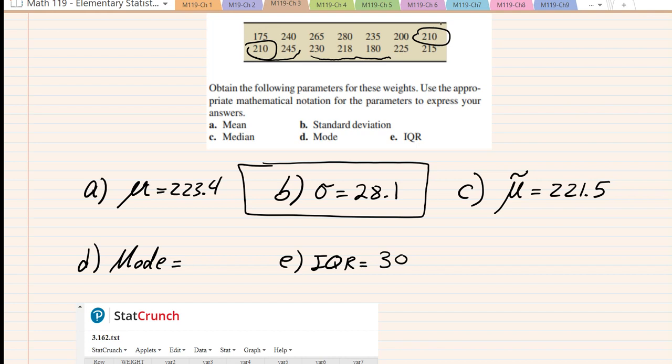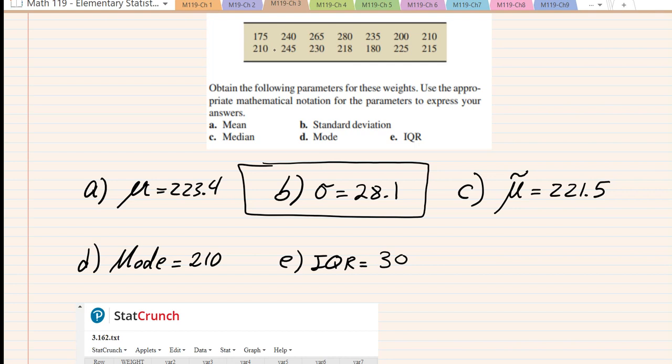Unless I'm looking at it incorrectly, that seems right. If you find something other than that, you can correct it, but I think that's right. So the mode is 210 for this exercise. That means the most frequent weight was 210. Not many, just a couple, enough to qualify for a mode.